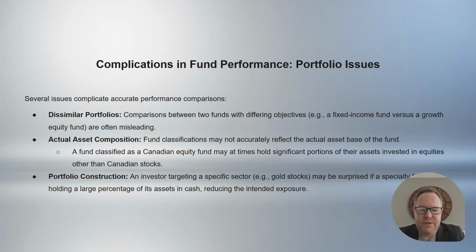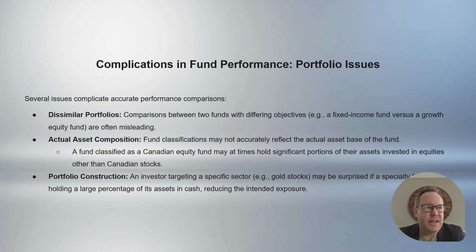The complications in fund performance: the portfolio issue. There are several issues that complicate accurate performance comparisons. The first is dissimilar portfolios. A comparison between 2 funds with different objectives, a fixed income fund versus a growth equity fund, is often misleading. Even funds within the same category, 2 different styles of equity or stock mutual funds, would perform very differently.